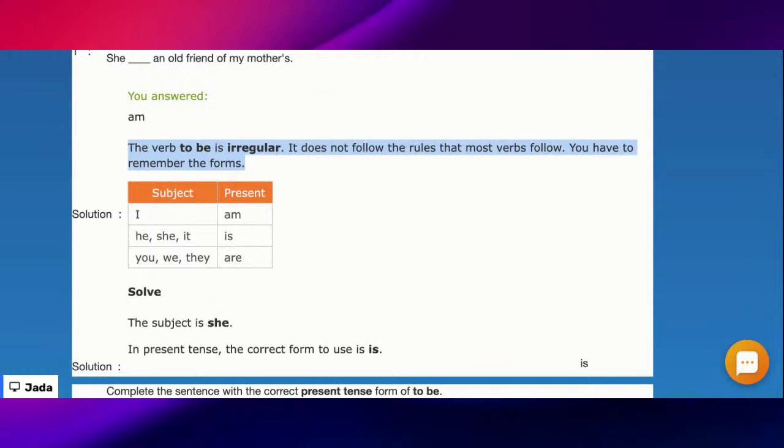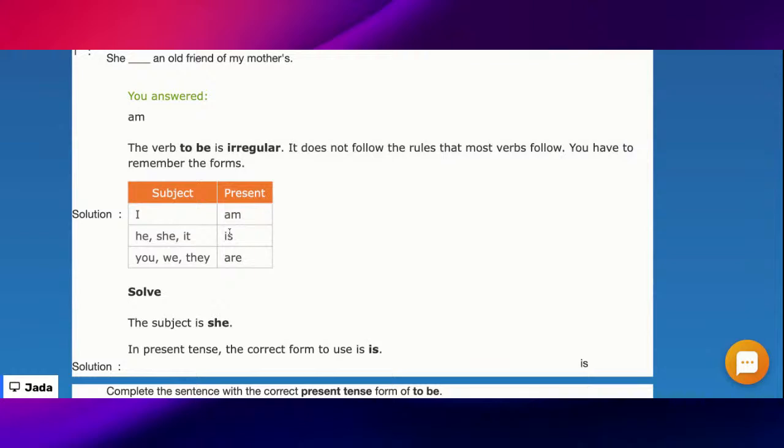And then we also have the box here which says subject and present. For I, which is a subject, you have to use the present am. So I am cooking, I am sleeping. And then for he, she, it, the singular subject, you're going to use is.